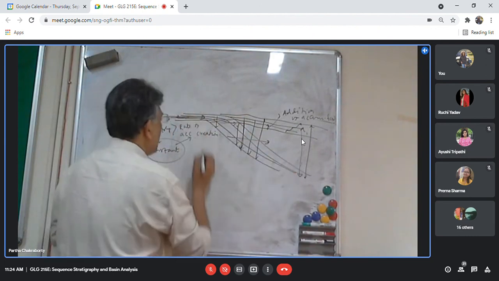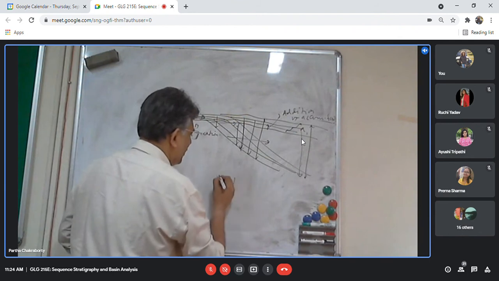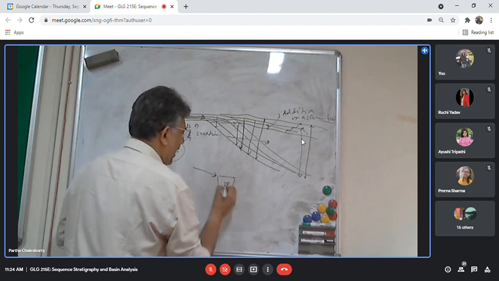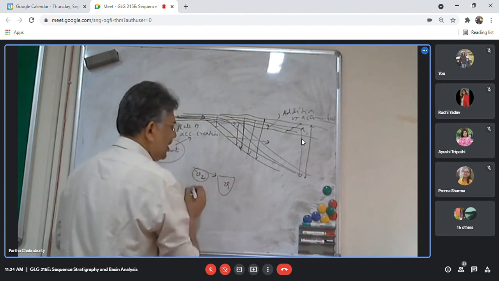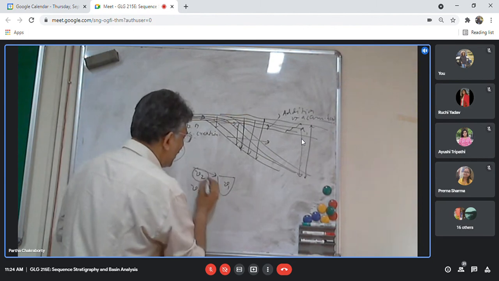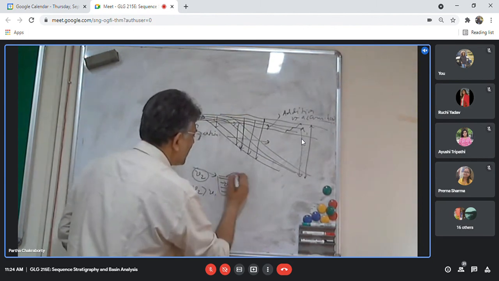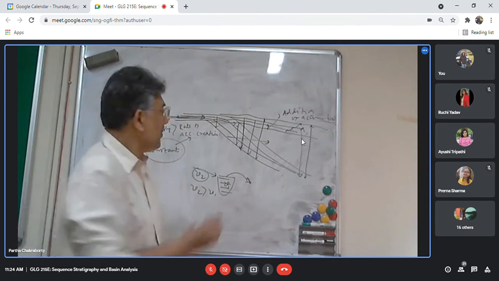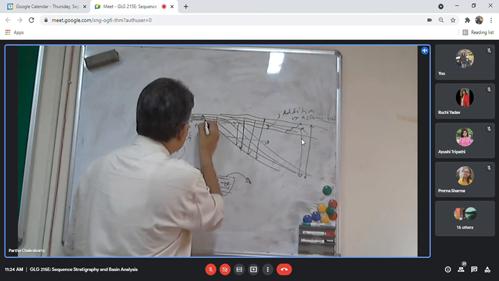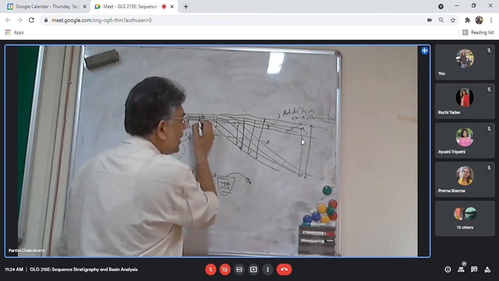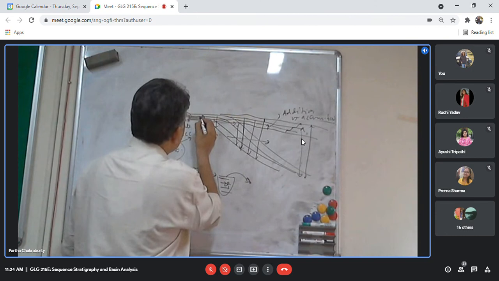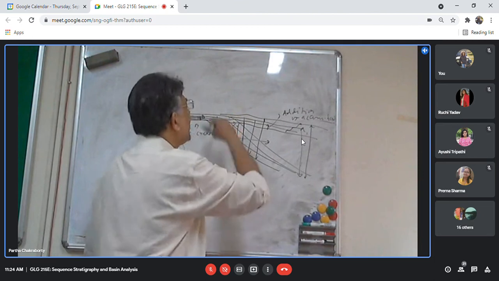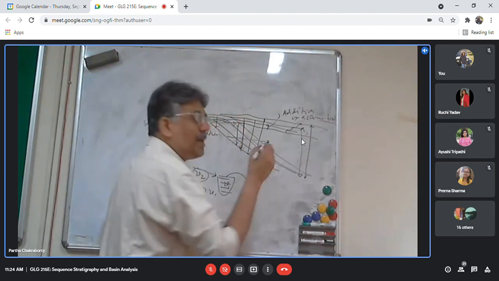Suppose I am generating this much space, this is V1, and the sediment supply is V2, so V2 is more than V1. The V1 will be filled and the extra sediment will be spilled over. The sediment trapped here because of the rise of accommodation causes the aggradation, and the extra sediment that spilled over causes the progradation.